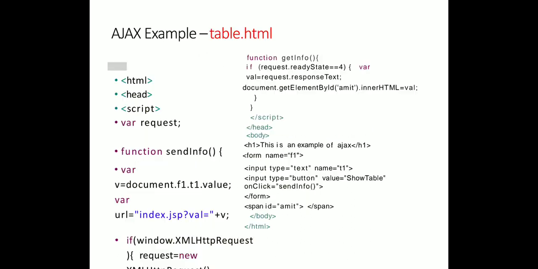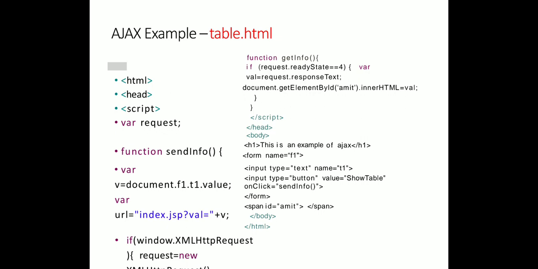Then you have to write one example also in your answer. So we will see the simplest example of a table. I have started here with the HTML and head tag. In the head I have written the script, also taken the variable request, then defined the function sendInfo, and in that taken variable v equals document.f1.t1.value.